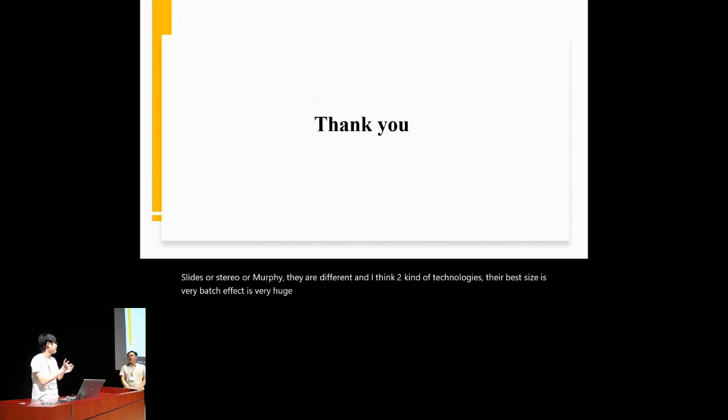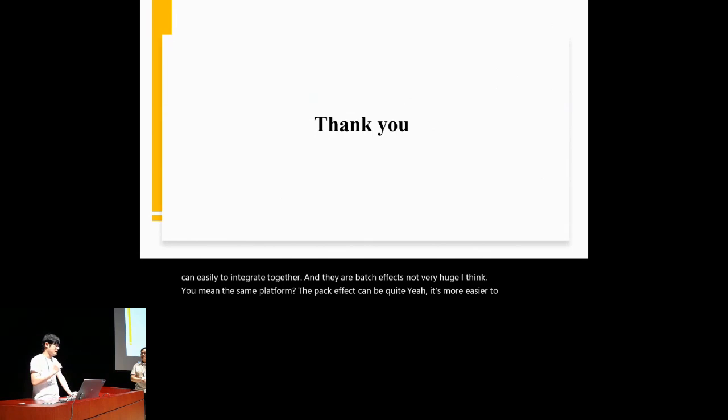But within the same technology, even on different platforms, they can be easily integrated together, and the batch effects are not very huge, I think. It is easier to integrate, even if they are based on the same principle of capturing gene expression.